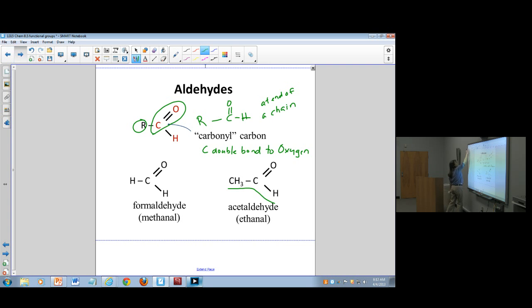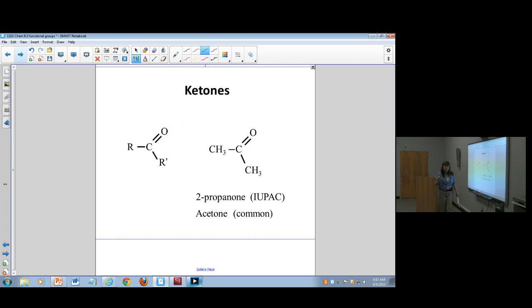For secondary alcohols, the oxidation gives a ketone. Now remember, secondary alcohol, let's use butane again. 1, 2, 3, 4. We'll put the OH group here.